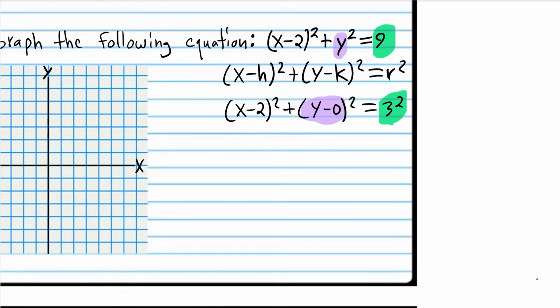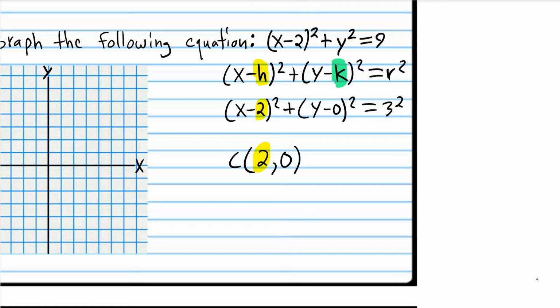So what that means is the center of the circle is h and k, and h is 2 and k is 0. So I'm going to try to label some of this stuff so we can see what's going on. So h went there.